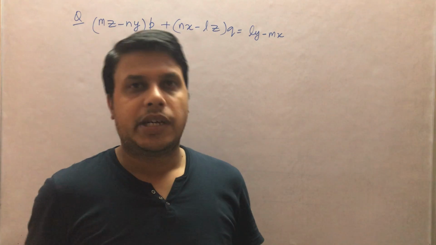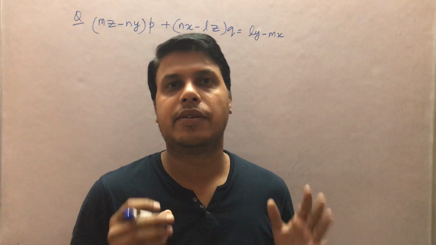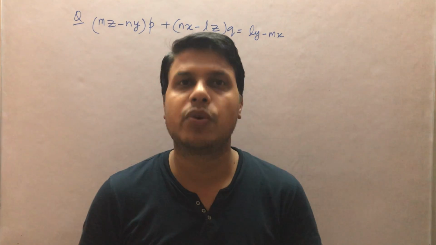This is the given equation and we have to solve this equation. So again we are going to compare with the standard form so that we can get the values of P, capital Q and capital R.